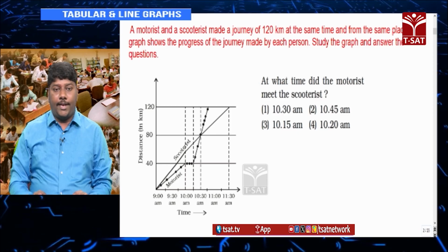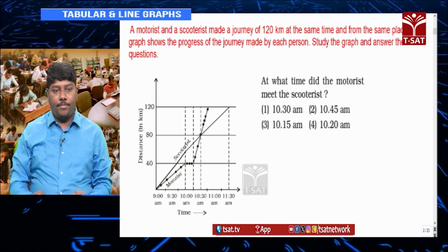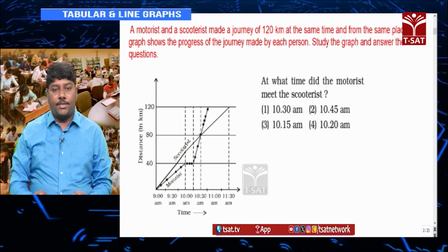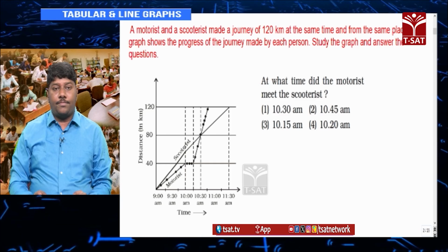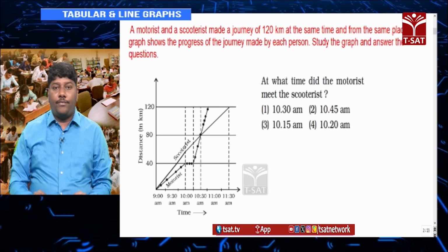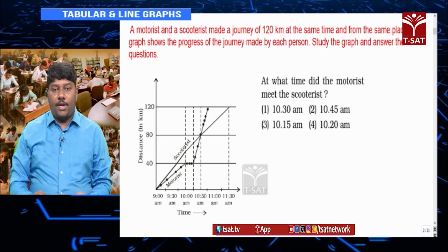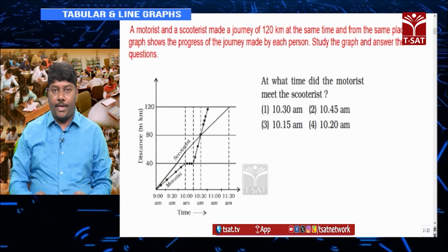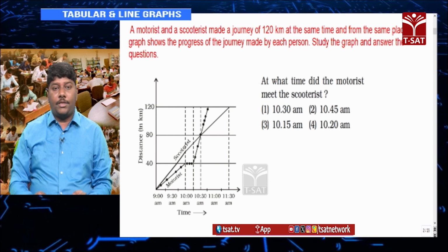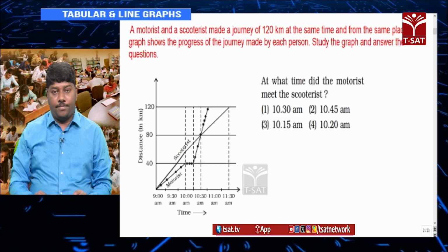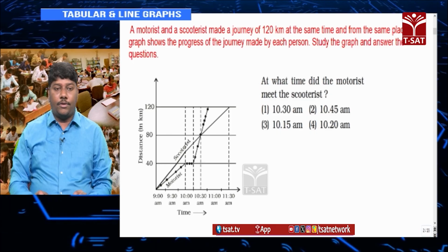If you observe the graph, the scooterist is a perfect line and the motorist is given as a line with points. The motorist and scooterist made a journey of 120 kilometers at the same time from the same place. The graph shows the progress of the journey made by each person. Study the graph and answer the questions.